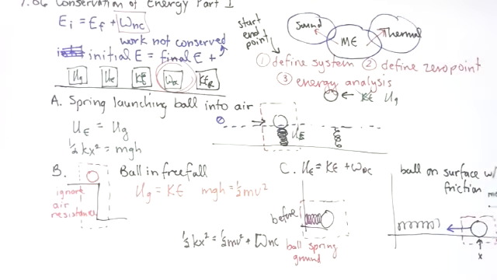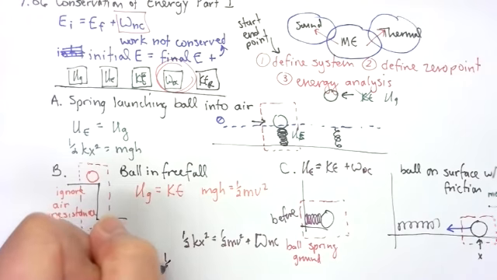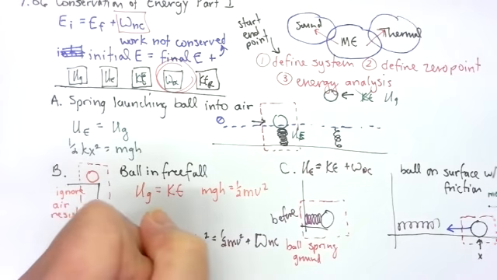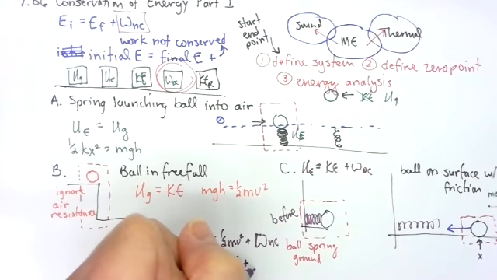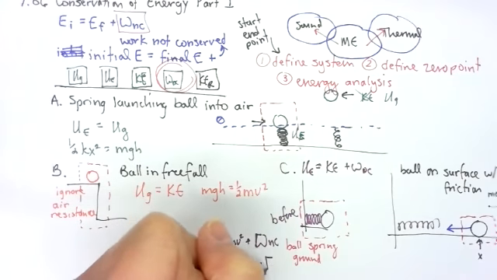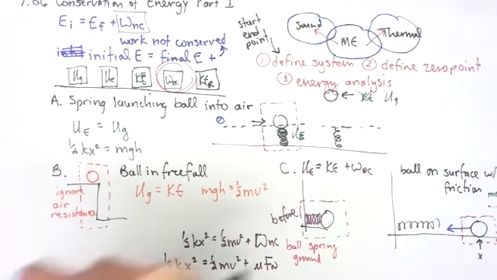And the work not conserved is coming from friction. So I could even expand this further to say 1/2 kx squared equals 1/2 mv squared plus coefficient of friction times the normal force times distance. Because remember, work is force times distance. So force of friction is always equal to the normal force times mu.